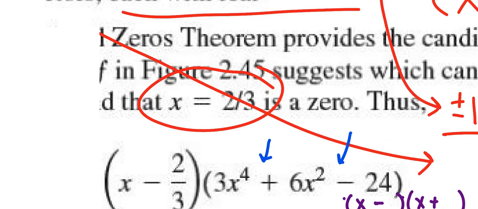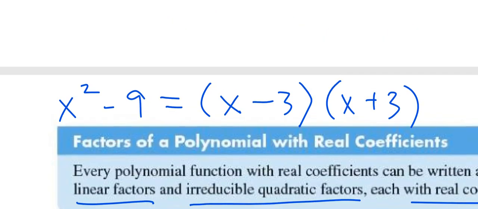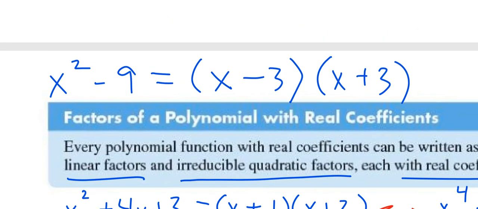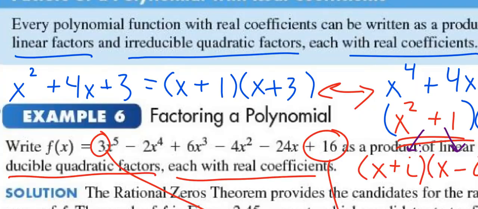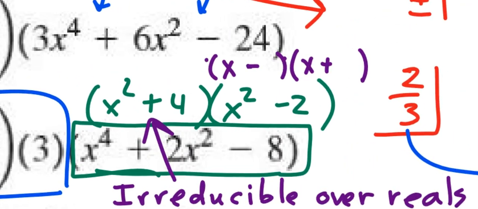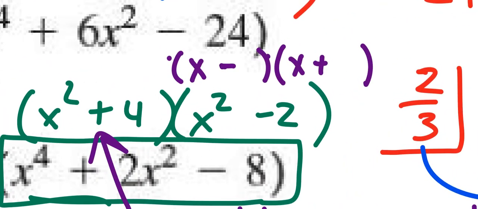Now, wait a second. You said at the very beginning of this lesson that x squared minus 9 broke up into x plus 3 and x minus 3. So why can't we use the exact same logic on this question? What did you do to 9 to figure out that you were going to use 3?